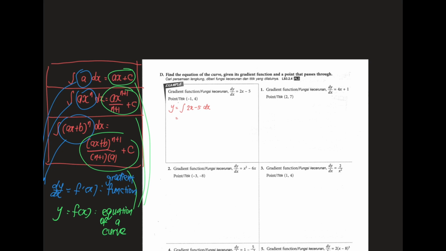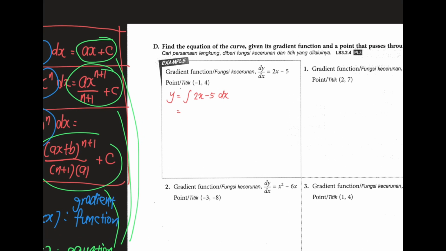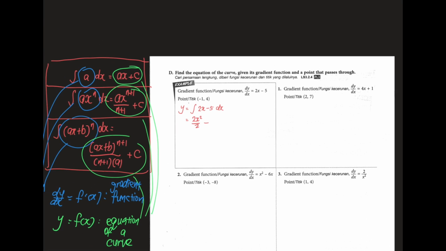Minus, now we have 5. Imagine 5, you look at the first formula, it becomes 5x. Plus c, we write one time only, at the end.